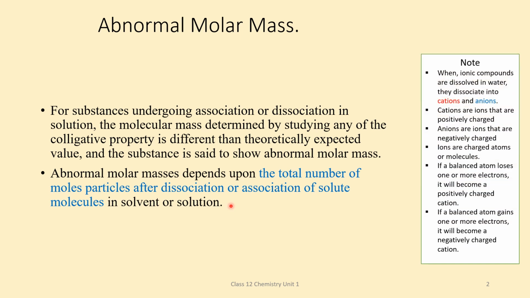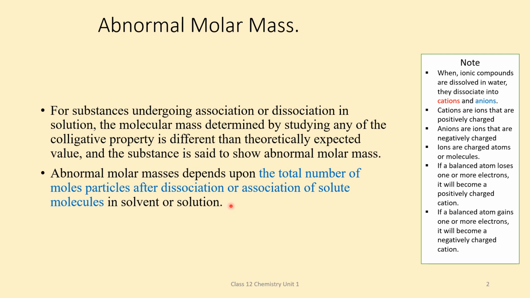Before we discuss association or dissociation in detail, let us quickly recap what we mean by cations and anions. When ionic compounds are dissolved in water, they dissociate into cations and anions. Cations are ions that are positively charged.